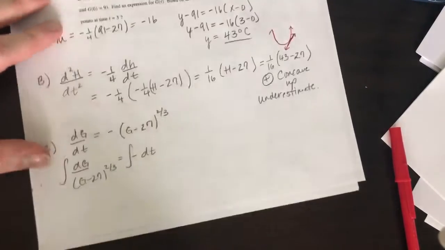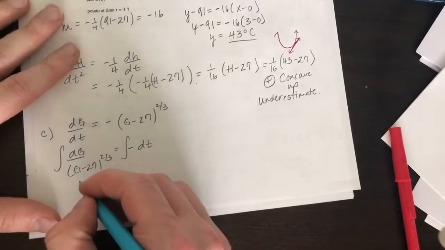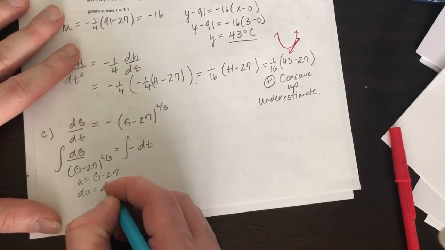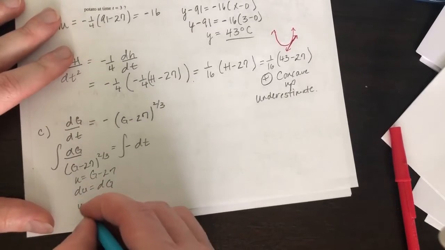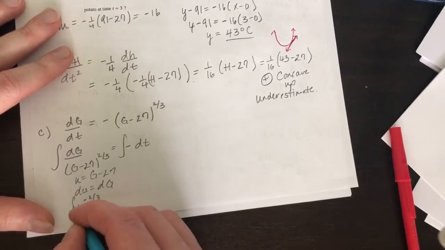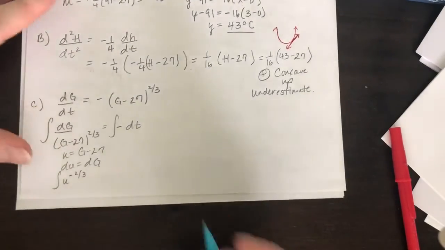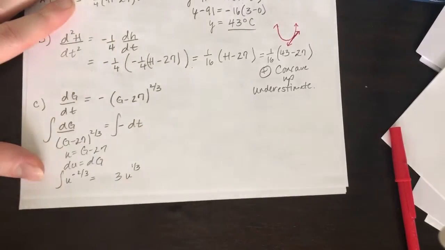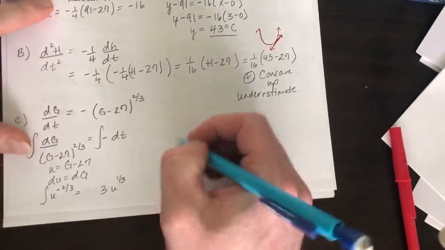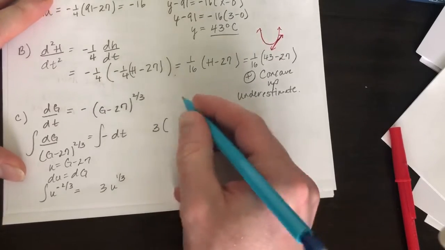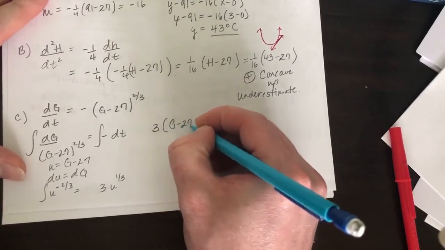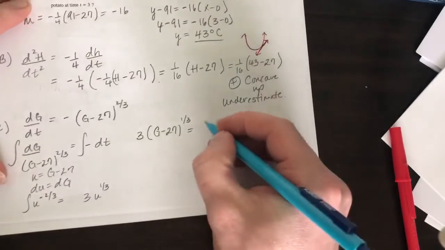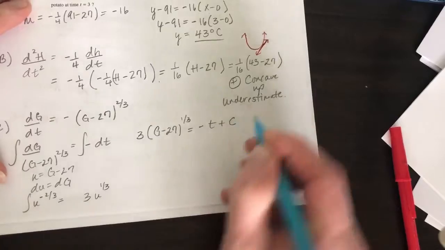Okay, so we're going to integrate. You have a u-substitution right here. Your u is g minus 27, and your du is dg. So this is going to be u to the negative 2/3 power when we integrate, which is add 1 to the exponent, so it's 1/3, and 3 like that. So we get 3 times g minus 27 to the 1/3 power equals the integral of this, which is negative t plus c.